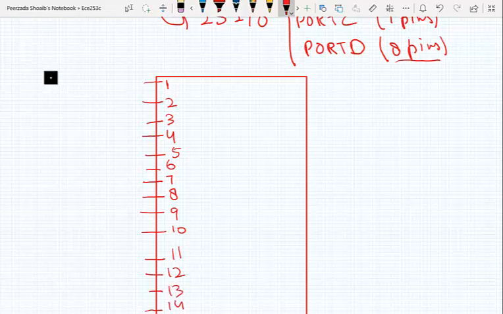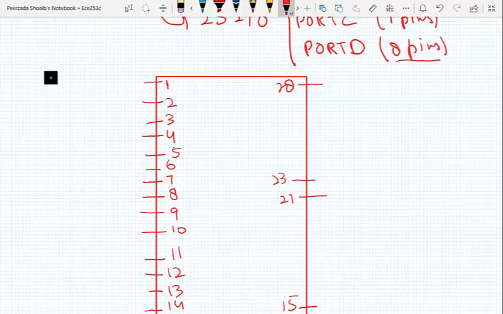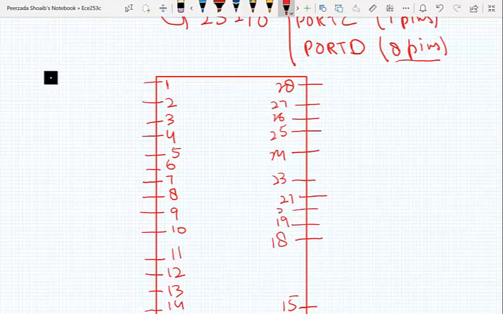Similarly, on the other side we have 14 more pins from 15 up to 28, and these pins may be 21 and 22, 25, 26, 27, 24, 18, 19, 20, 16, 17.